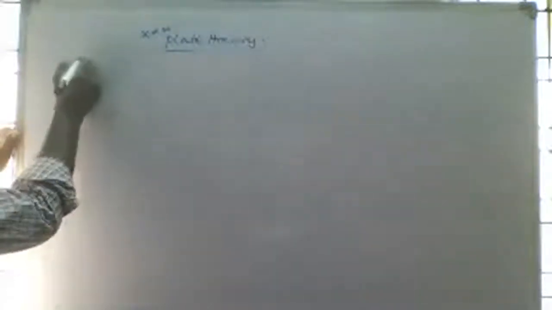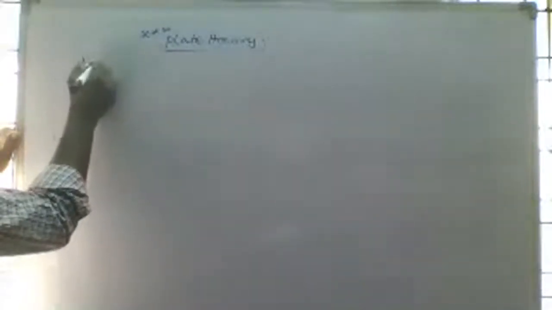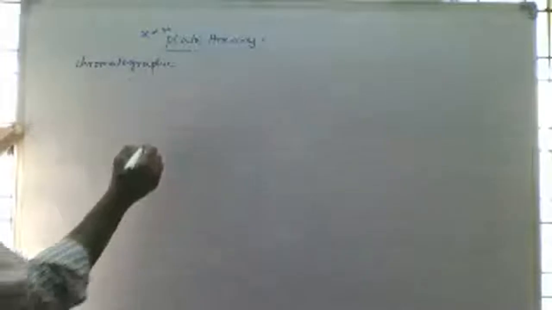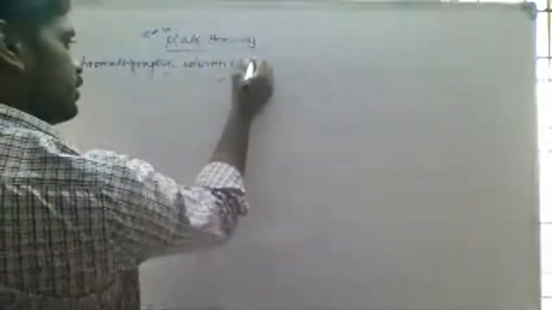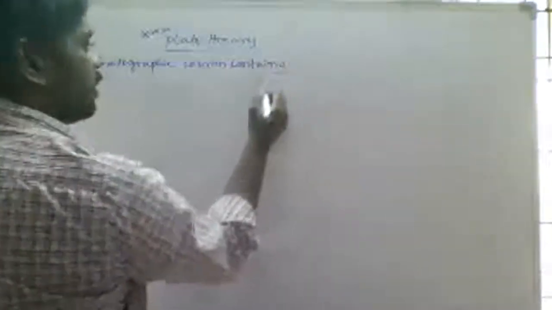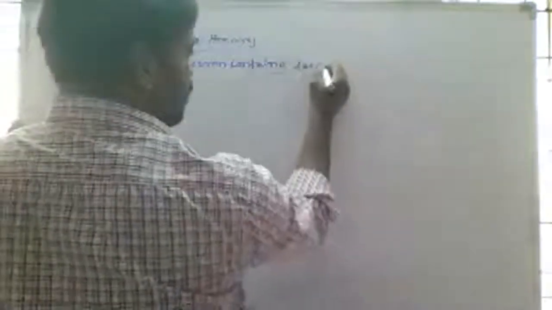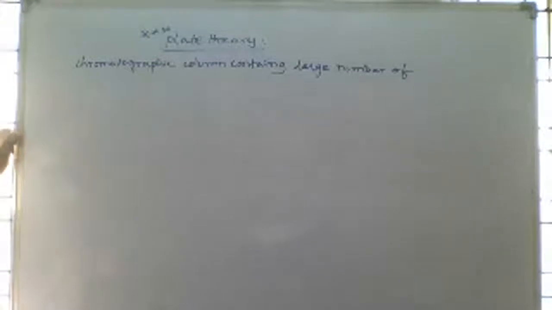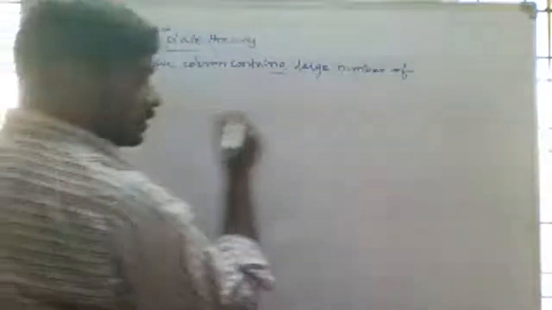So the plate theory model is a chromatographic column containing a large number of separate layers.